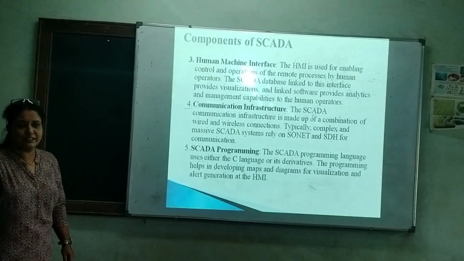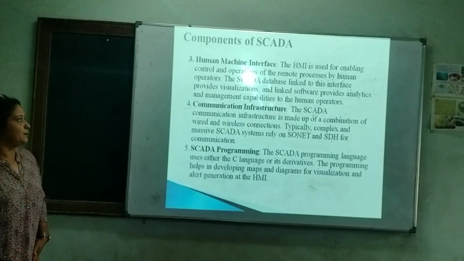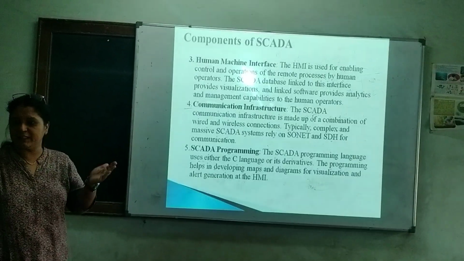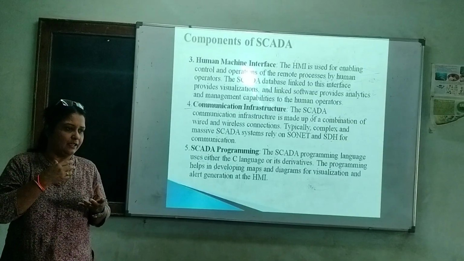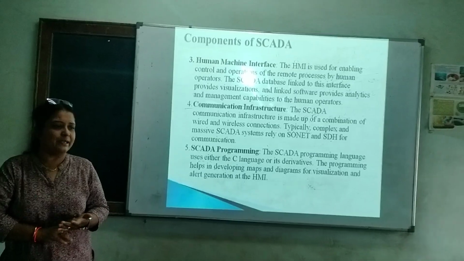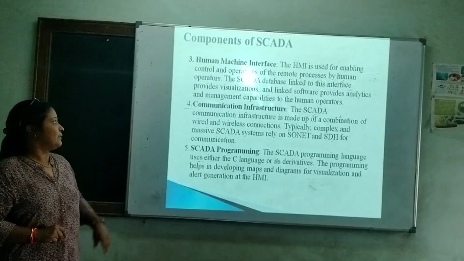Next is the human machine interface, which is used to enable the control operations and remote processes by human operators. Through computers we can control by programming, giving instructions to the computer. That is the human machine interface.